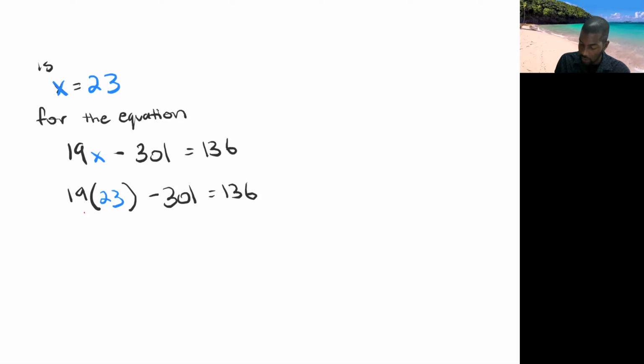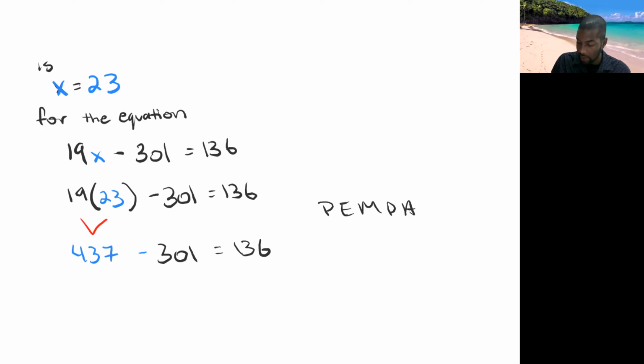So 19 times 23 is 437 minus 301 equals 136. The next stage of PEMDAS tells me I did that, I did that, I did that, I did that. Now I have addition? Nope. Do I have subtraction? Yes. 437, right? What is 437 minus 301? I go back to my calculator. Minus 301, and that gives me 136.